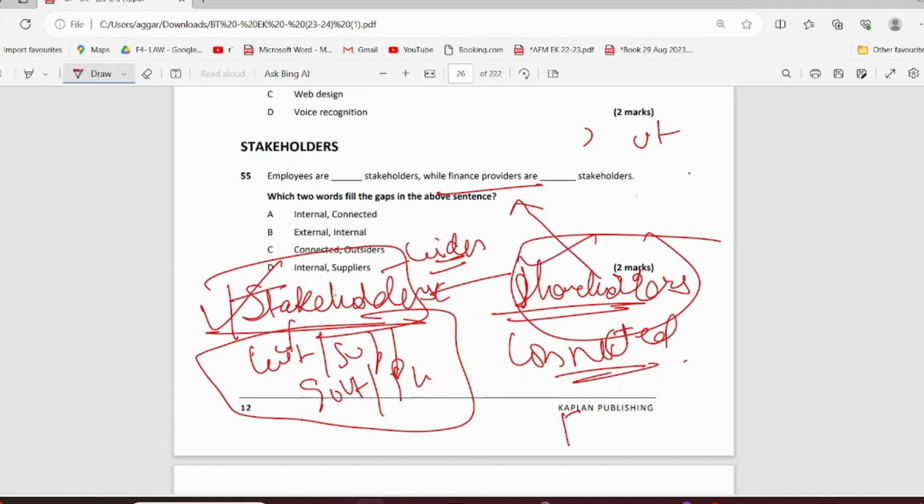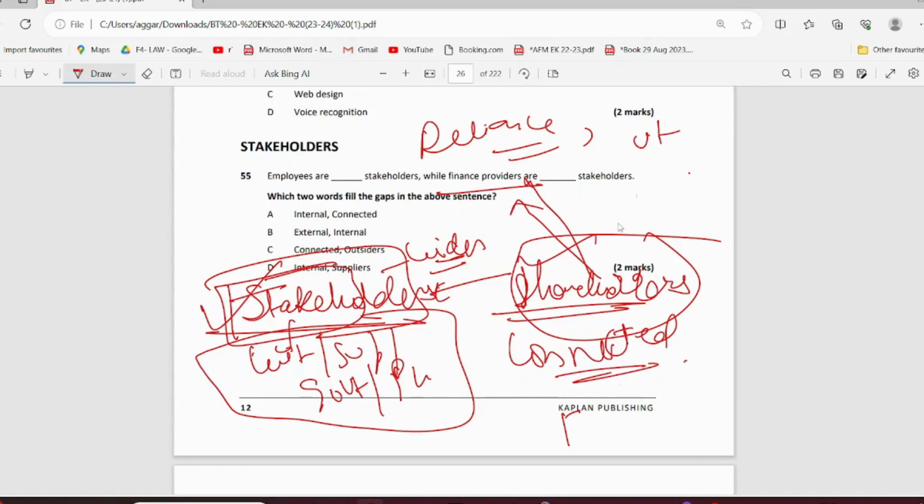All those people who are affected directly or indirectly by your business are known as stakeholders. For example, Reliance: if you have bought shares in Reliance, that means you are a shareholder in Reliance. Whereas I haven't bought any shares from Reliance, but obviously I am a stakeholder as part of the general public.